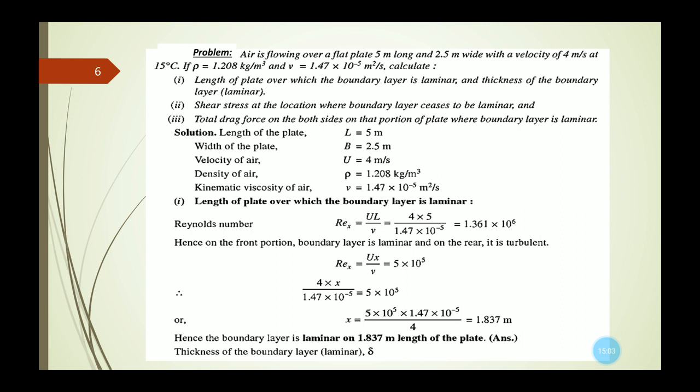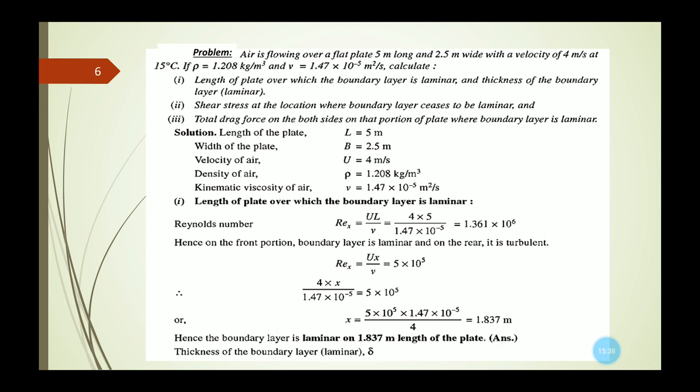Now there are some values of Reynolds number based on which we can say whether that boundary layer zone has laminar, transition or turbulent characteristics. There is one lower critical Reynolds number and one upper critical Reynolds number. The value of the upper critical Reynolds number is 5 into 10 to the power 5, and the value of the lower critical Reynolds number is 3.2 into 10 to the power 5.